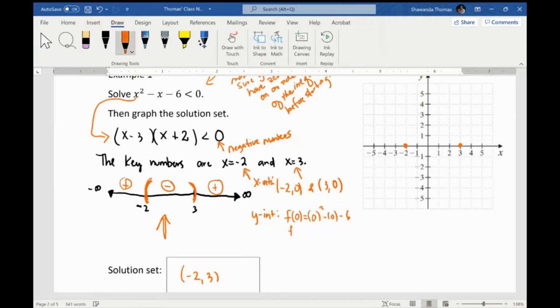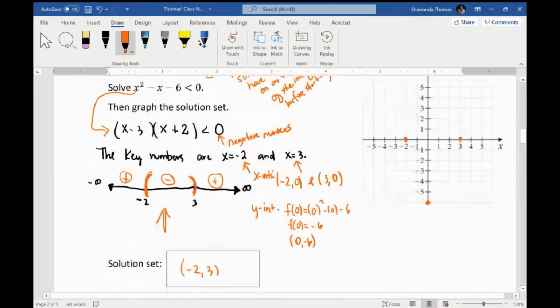What would f of 0 equal? -6. So the y-intercept, as a point, how would you write that? 0, -6. All right. 0, -6 right here.